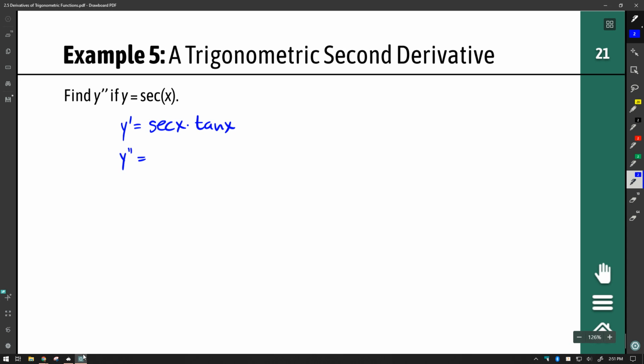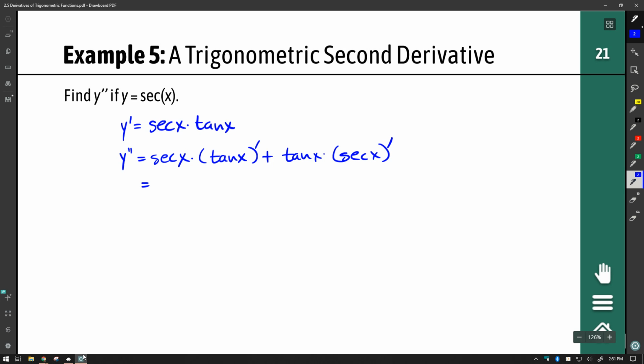So the product rule says to take the first function, which in this case is secant of x, and multiply it by the derivative of the second. I'm going to use a notation of putting that second function in parentheses and using the prime notation up above it. And then plus the second function, tangent of x, times the derivative of the first function. I'm going to put secant of x in parentheses, prime.